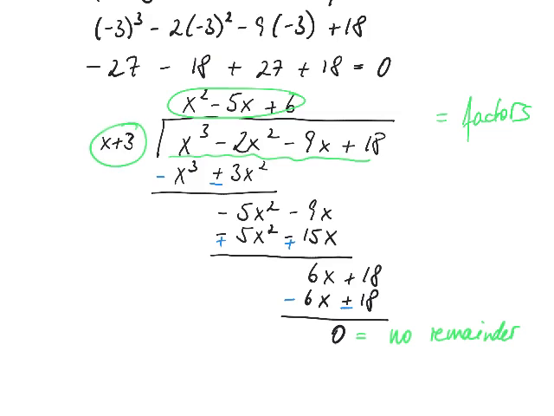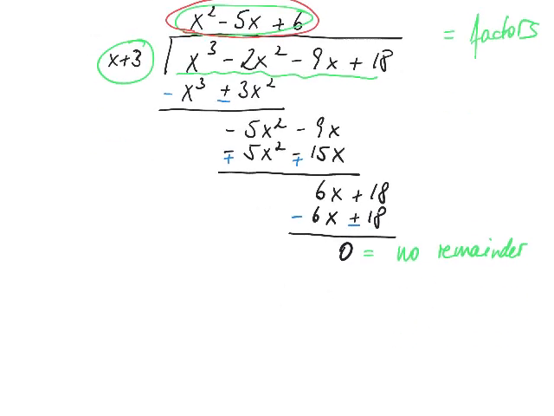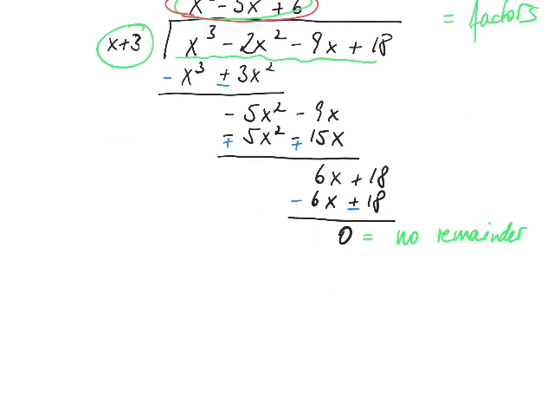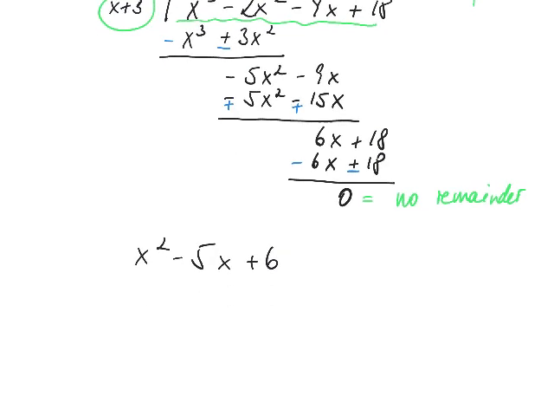So what we have found now is that this x squared minus 5x plus 6 is a factor, but we can factorize it even further. So we take this x squared minus 5x plus 6 and we factorize it even further. We can use the minus b formula, but this should be very easy to factorize.